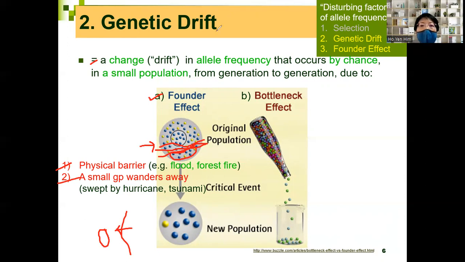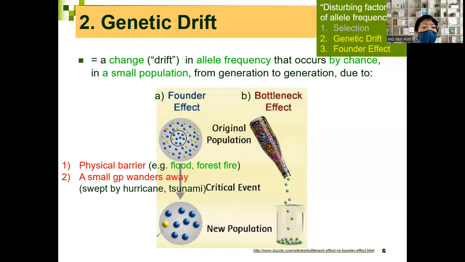Okay, so what can we see here is this group of population here, their allele frequency, is it the same as the original population? Not the same, right? Because it depends on which individuals have been separated. It's by random, so it's by chance.